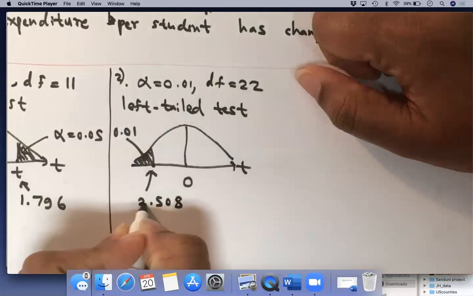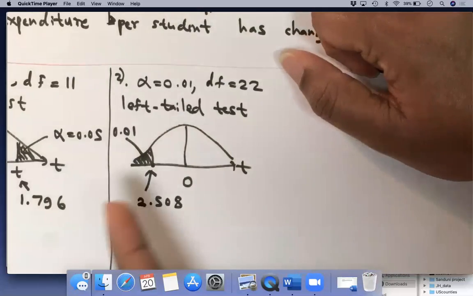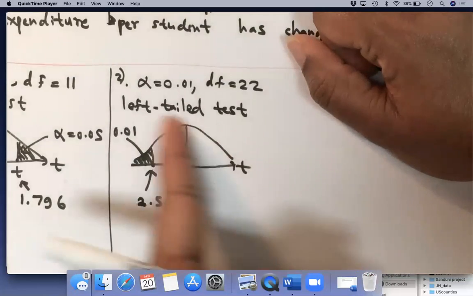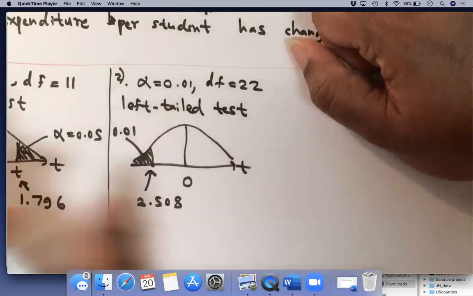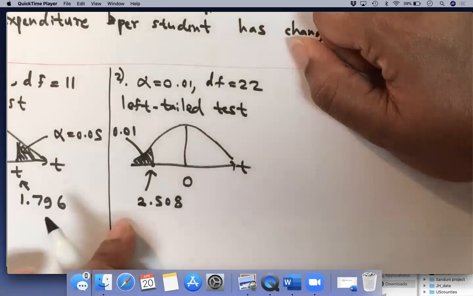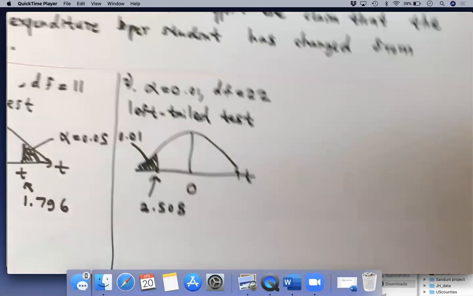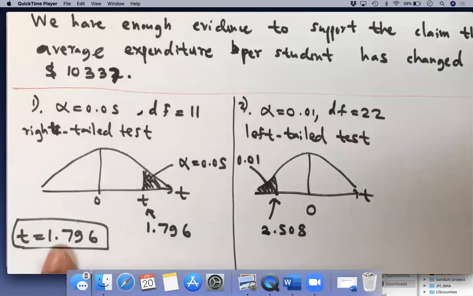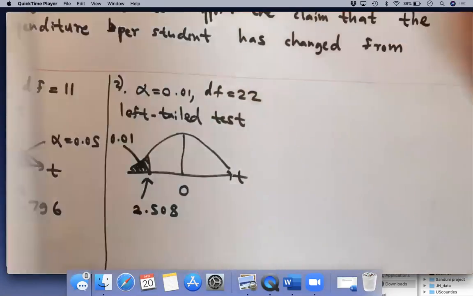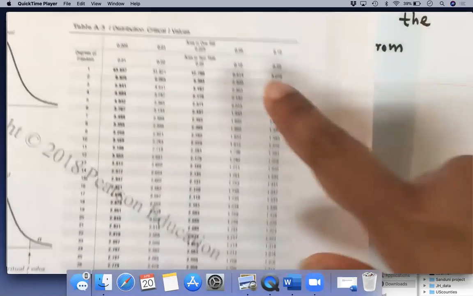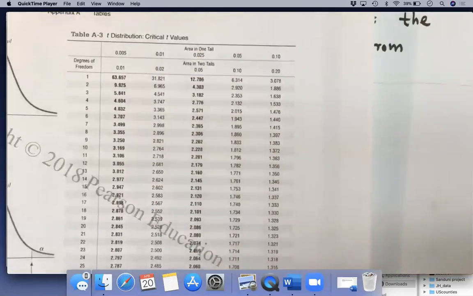This is the value, but please remember, this is a very important thing. This is your T distribution. Middle is 0. Then you know definitely the left-sided values should be negative values. In the first case, it's a right-sided value, so it's positive. But here, it's a left-sided value. But the table only gives what? It only gives positive values, but it's okay. Why?